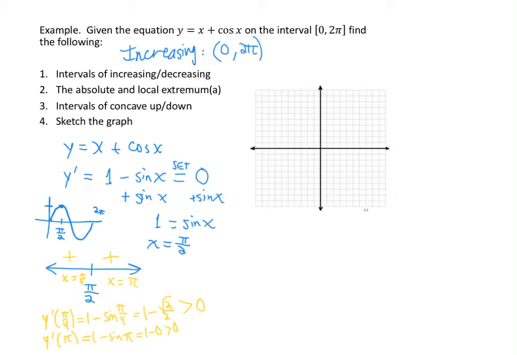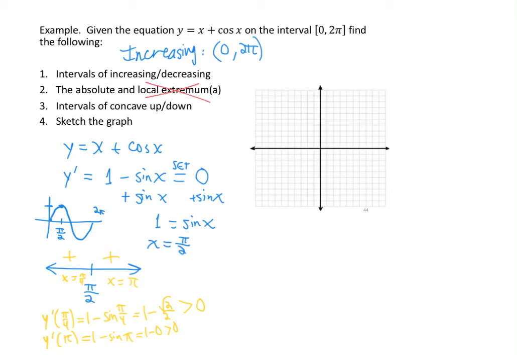Okay. Absolute and local extrema. Well, let's think about local extrema for a second. That's supposed to happen where the first derivative changes from positive to negative or from negative to positive. And we don't have that happening here, which means we don't have any local extrema.